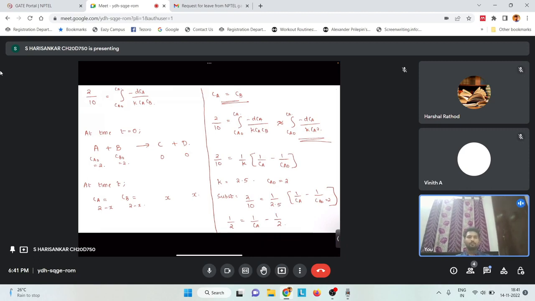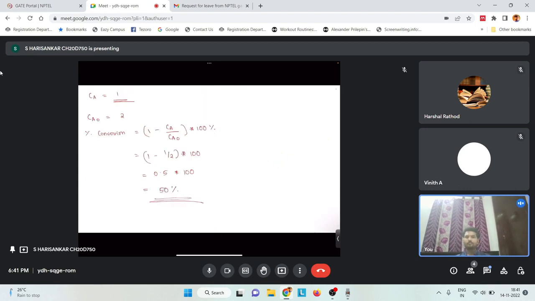So now our design equation will only have Ca term, and then from then onwards it is just a straightforward integration, applying the limits and then solving for Ca. And once you find Ca, the final concentration of A, we can use that Ca and Ca0 to find the percentage conversion, which will come to 50%.